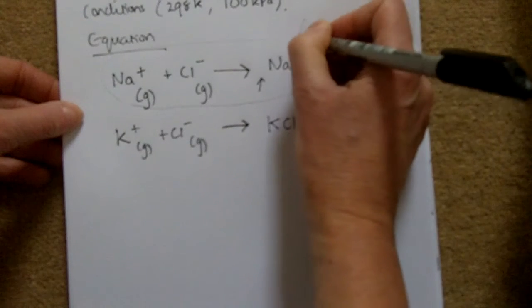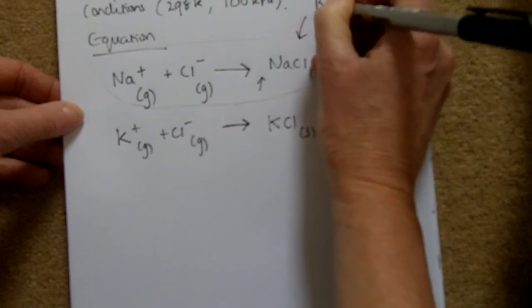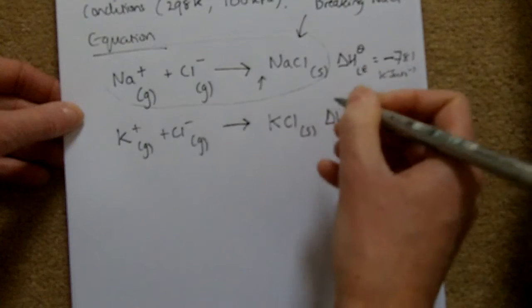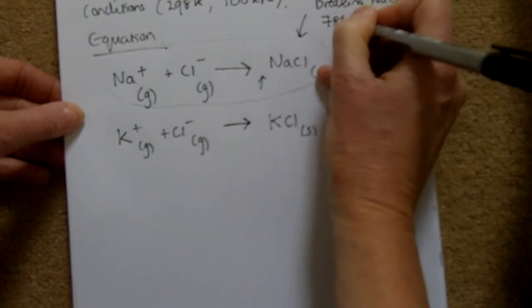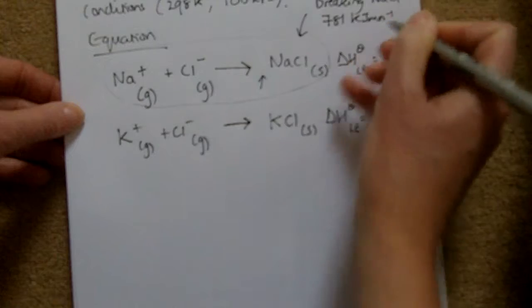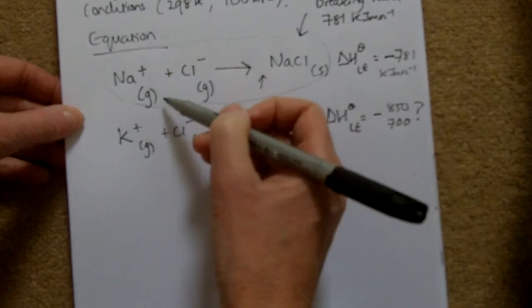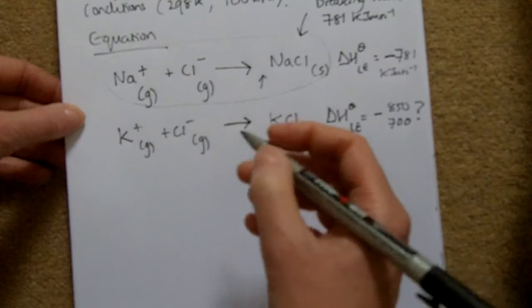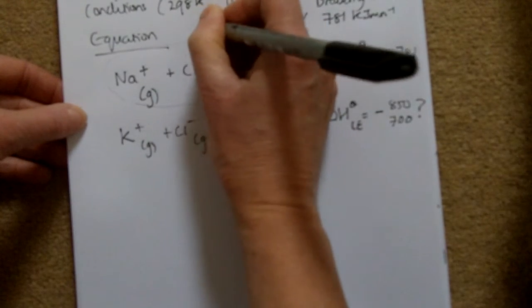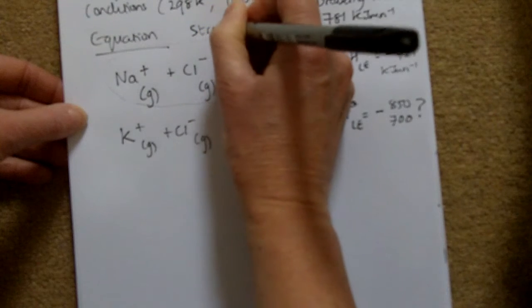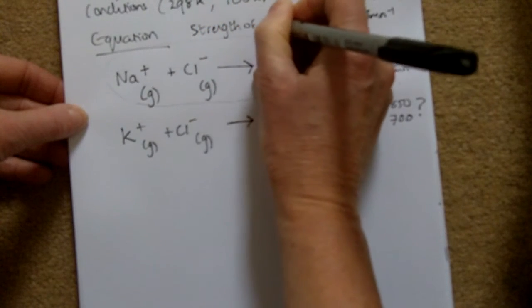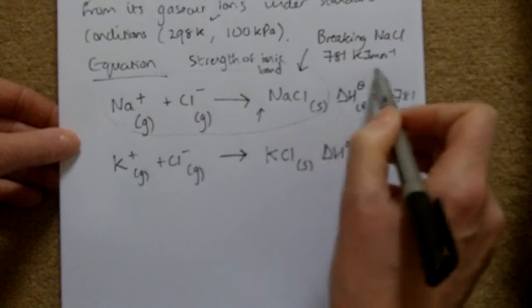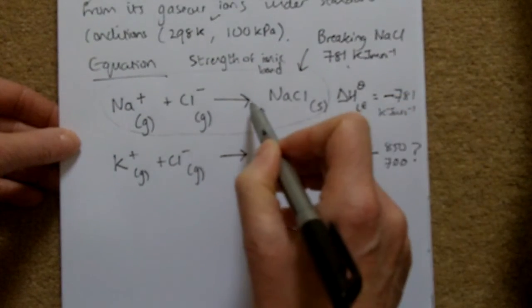If you want to break the bond, breaking sodium chloride is going to need 781 kilojoules if you turn it around. So basically, lattice enthalpy tells you about the strength of the ionic bond. Because if I want to break it up, I'm going to need 781 kilojoules to break it up.